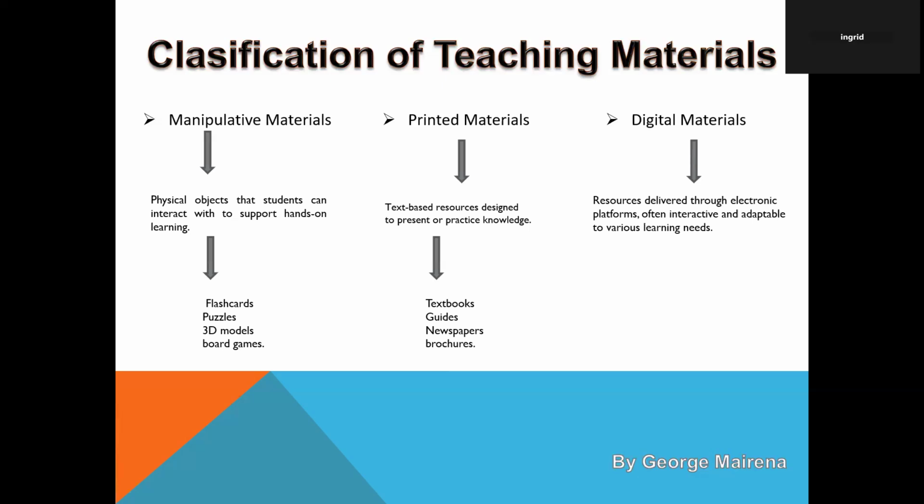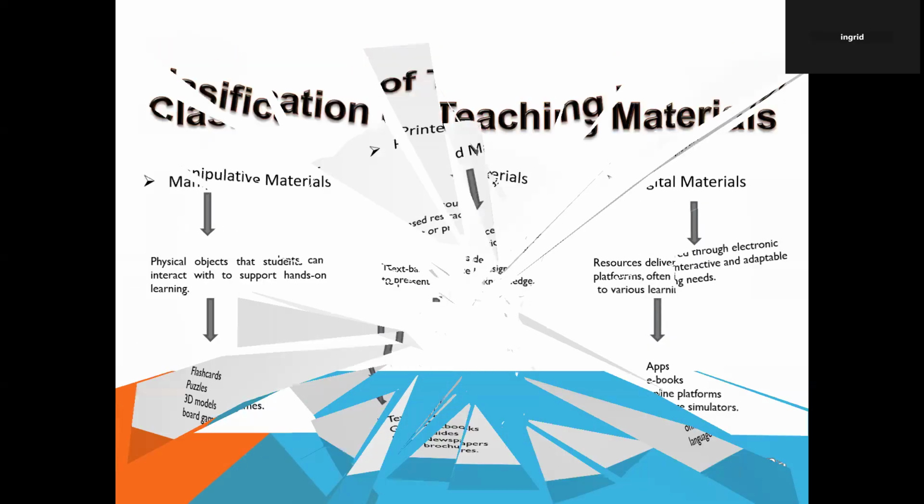So we have the definition here: digital materials are resources delivered through electronic platforms, often interactive and adaptable to various learning needs. Let's see some examples. As you said at the beginning, apps, ebooks, online platforms, for example the platforms that the university has, and language simulators. Okay, let's move on to the next one.